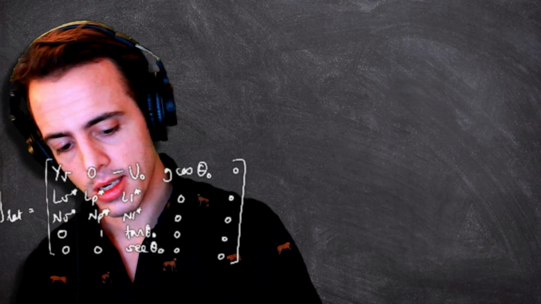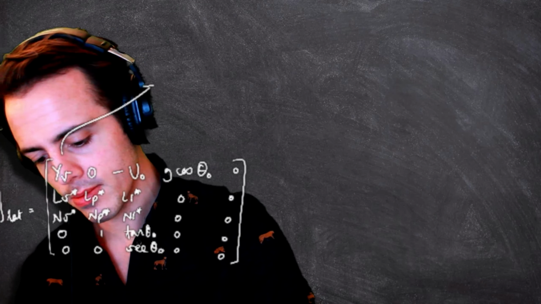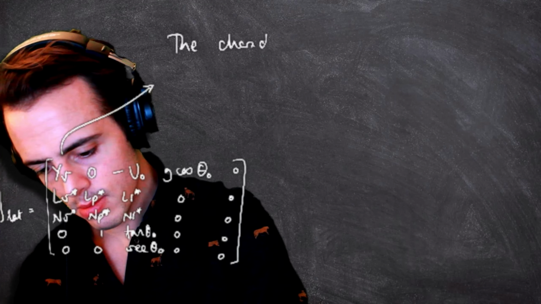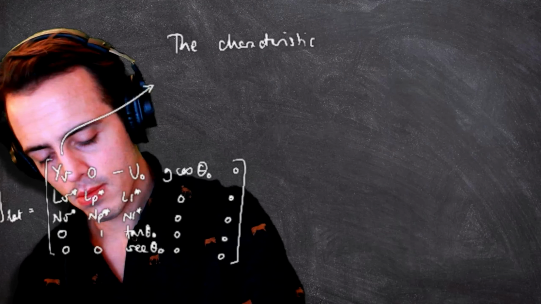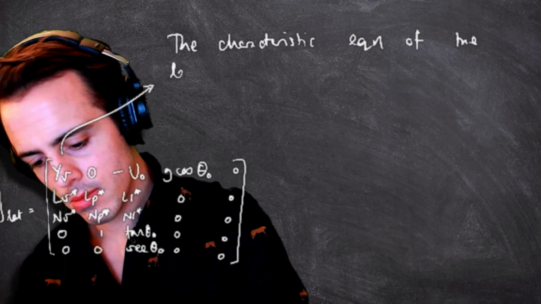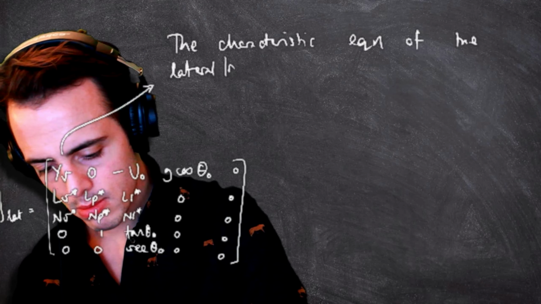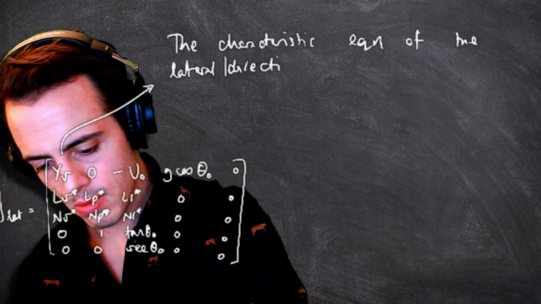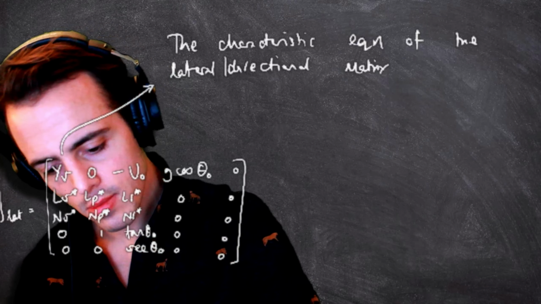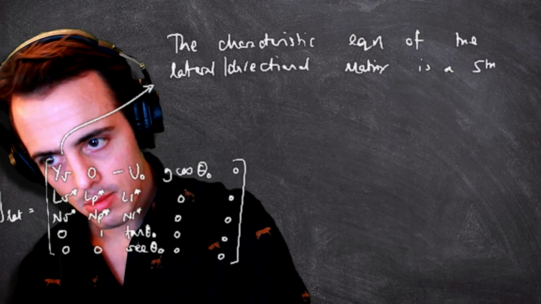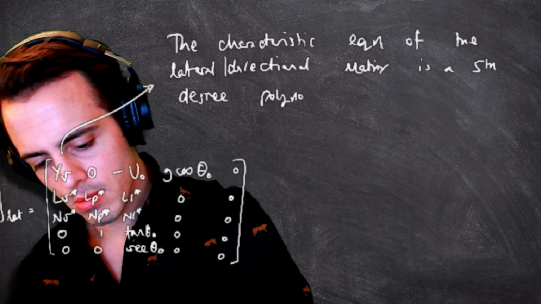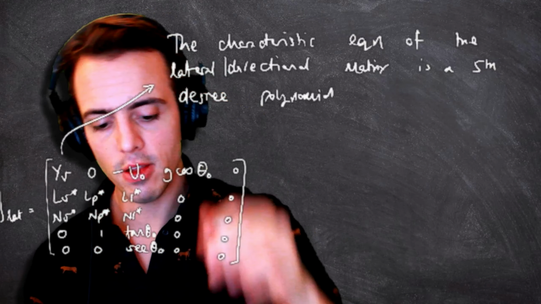So if this is our matrix, it's always going to be a 5th degree polynomial.